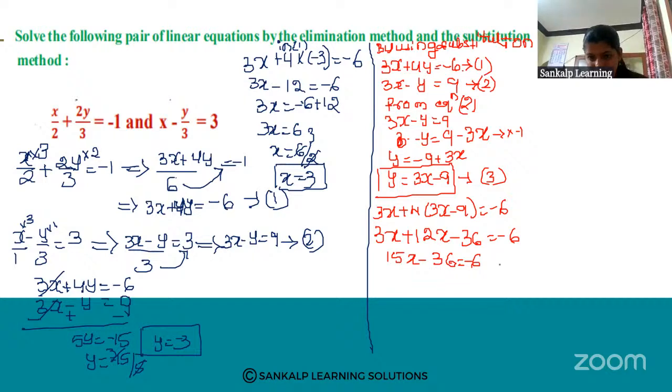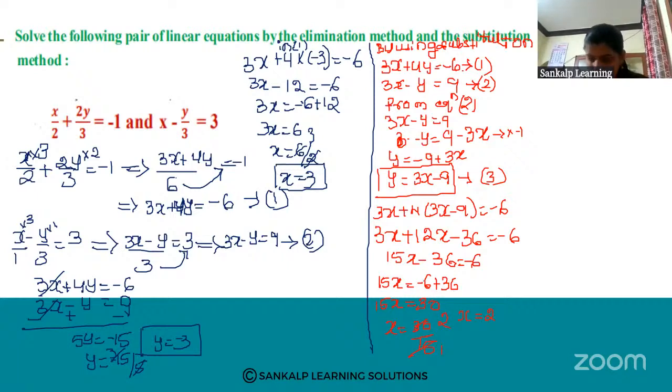Transfer this minus 36 to this side. 15x is equal to minus 6 plus 36. Therefore, 15x is equal to 36 minus 6 is 30. Right? x is equal to 30 divided by 15. 15 ones are 15, twos are 30. That means x is equal to 2 you will get. x is equal to 2.